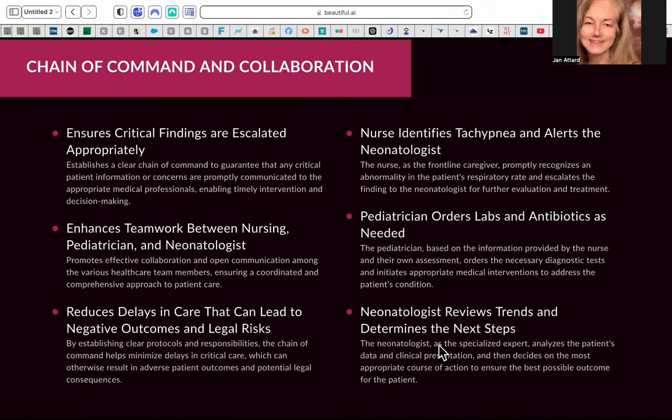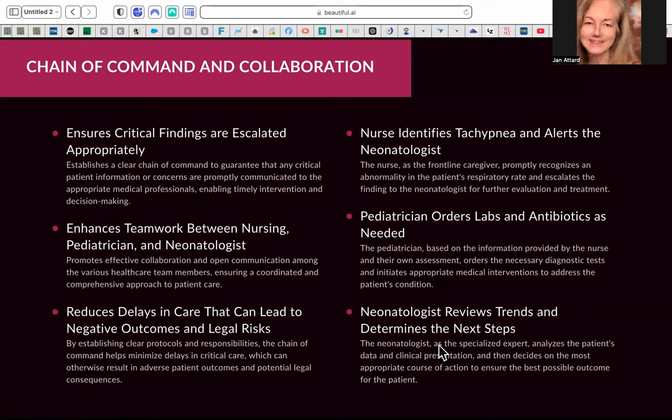And the ALS team works with everyone and oversees; they are the people at the bedside doing most of the resuscitation. And they actually write up these sepsis calculators. We reduce any kind of delays in care that can lead to negative outcomes.